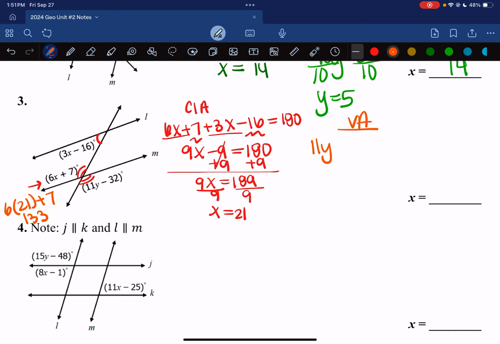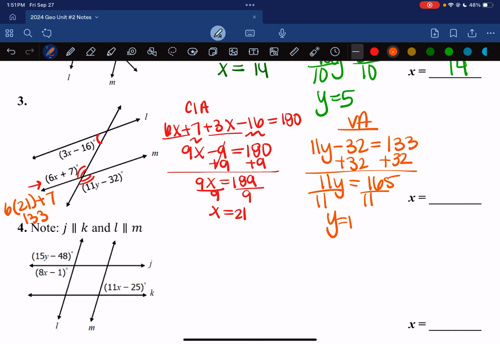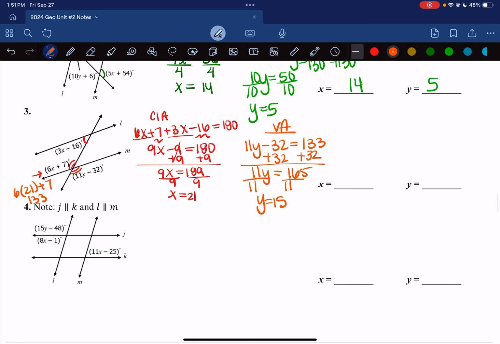So 11y minus 32 is equal to 133. So add 32 to both sides. So 11y equals 133 plus 32. We get 165, divided by 11. So you have y is 15. So our two values for x and y are 21 and 15.